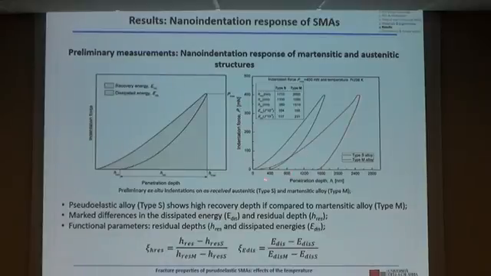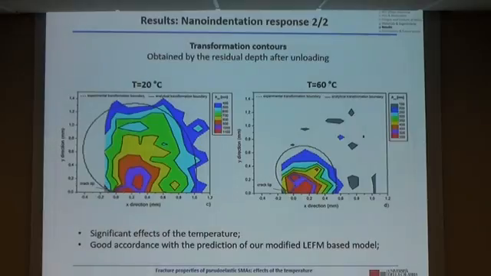So based on this observation, we identified two parameters: the residual depth after unloading and, let me say, the dissipated energy, the energy between the loading and unloading parts of the curves. And based on these parameters, we should be able to analyze locally the phase of the material.